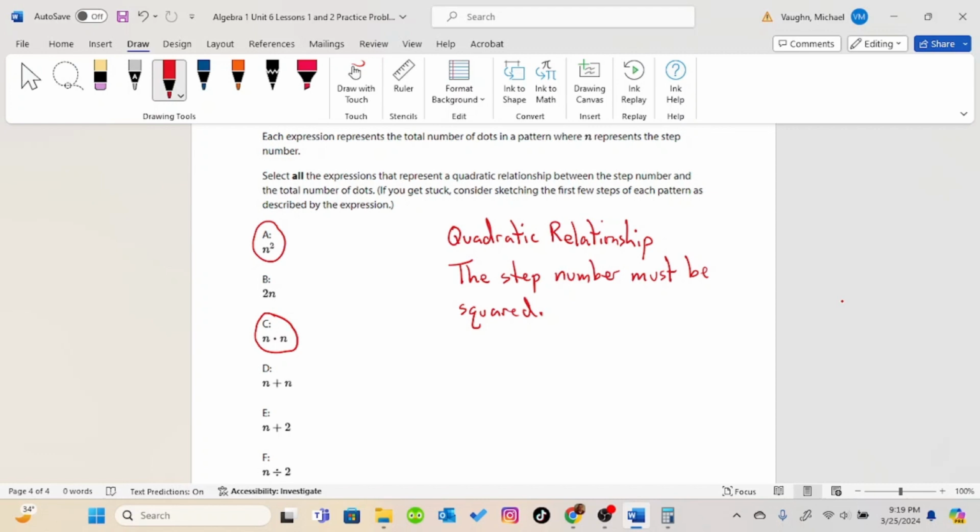In D, the step number is added to the step number, so that's incorrect. Choice E, the step number has 2 added to it. That's incorrect. And choice F, the step number is divided by 2. That is incorrect. So A and C are the correct answers.